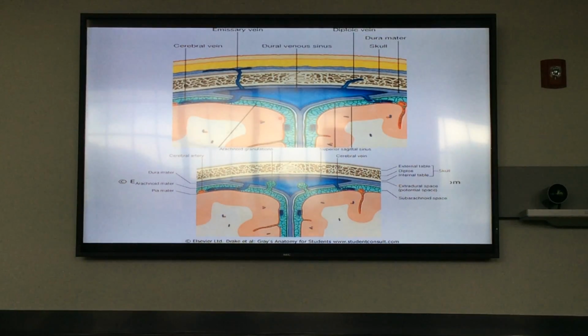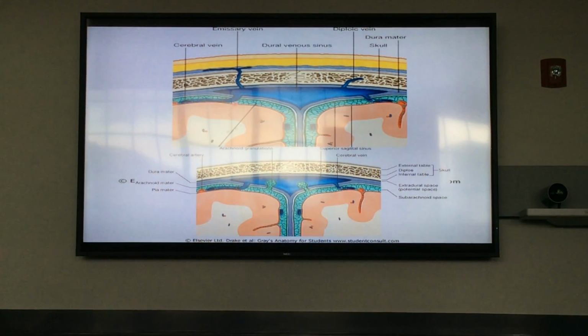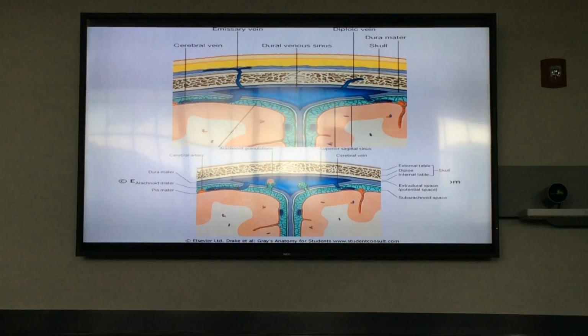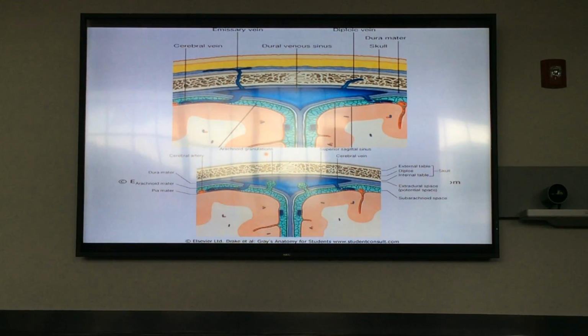At some point, that fluid will actually get pushed into this venous system. It does so through these specializations that poke through the meningeal layer of the dura. Ask Chris on Thursday to show you arachnoid granulations.